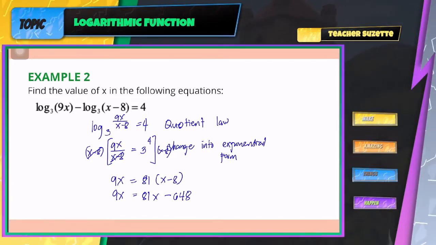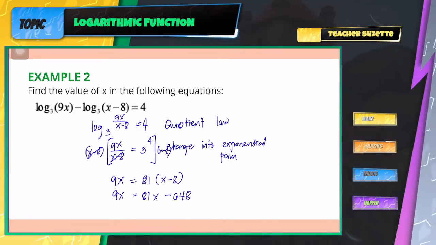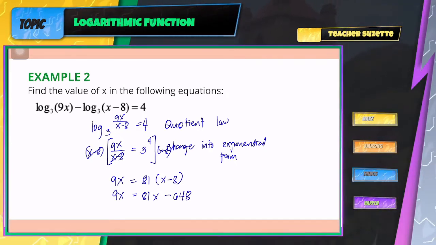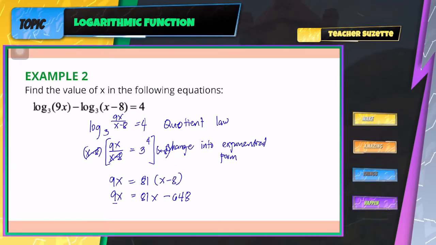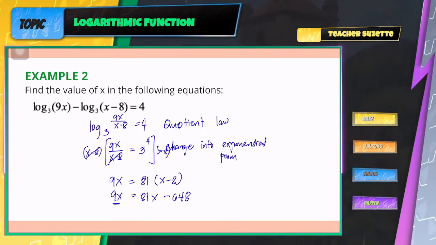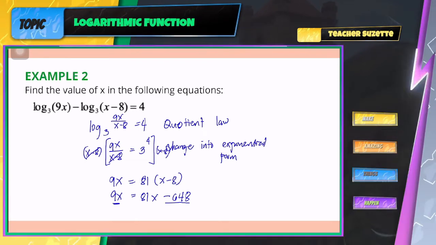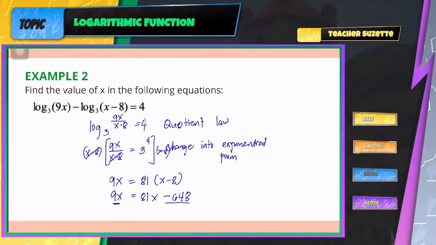Then, simplify natin. Again, ang goal natin is to isolate yung ating x. So, itong ating 9x, lipat natin sa other side of the equation at itong ating negative 648, transfer natin sa ating kabila.